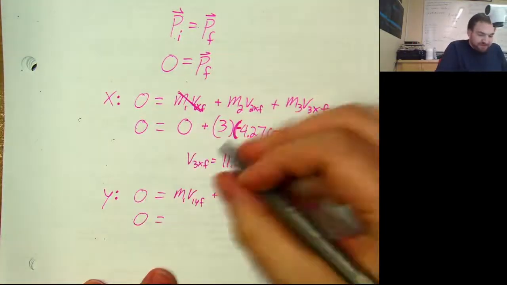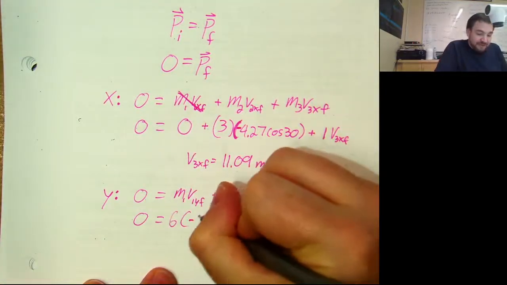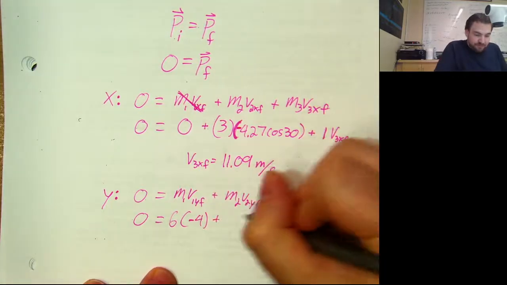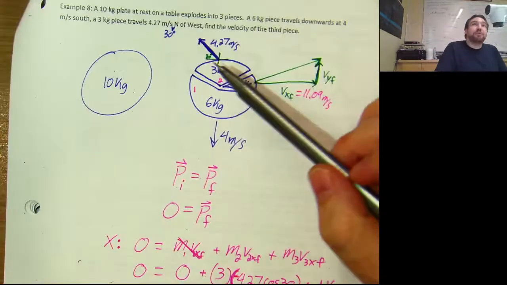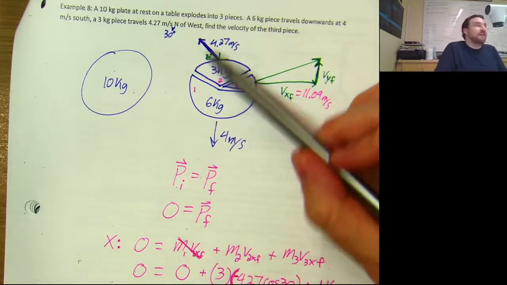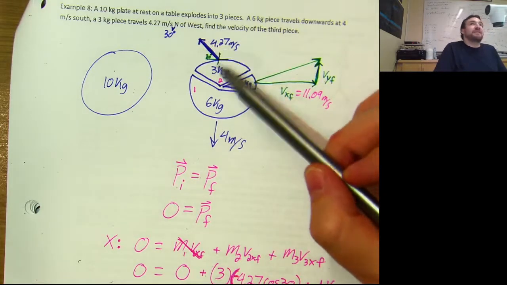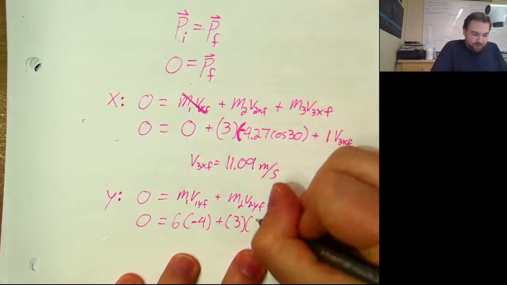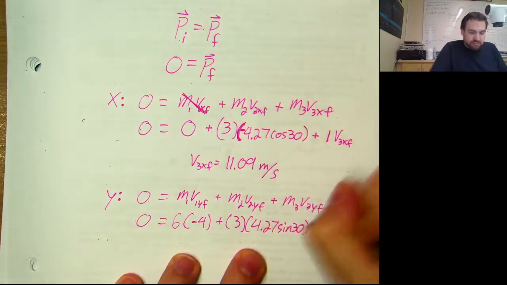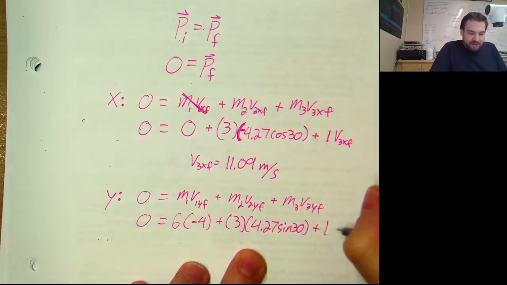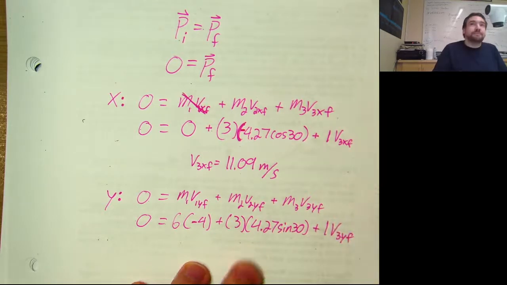So 0 equals 6. It's going down, so it's going to be negative 4. Plus 3 times the 3 kilogram component, which is going up and to the left. Up means that velocity piece is positive. So this is just going to be positive 4.27 sine 30, plus 1 v3y final.